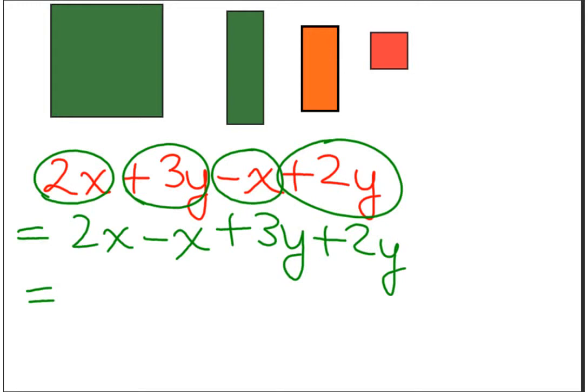So 2x minus x is x. And the way to explain that, don't forget this, negative x is like negative 1x. Basically, we're just saying 2 minus 1. And then over here, when we're looking at 3y plus 2y, well, that's just 3 plus 2 is 5. The variable part stays exactly the same, and we end up with x plus 5y. Interesting.